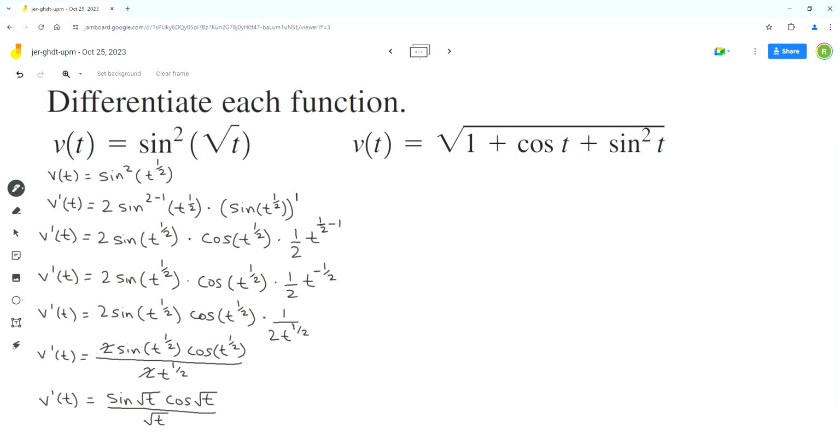So now we can analyze the second function. Now in the second function, there is a square root on the expression. So first we should convert that square root into a rational exponent half. So we should just rewrite the function as.